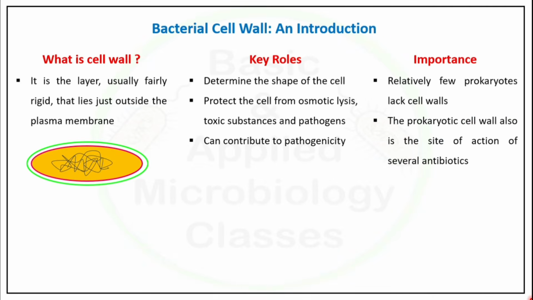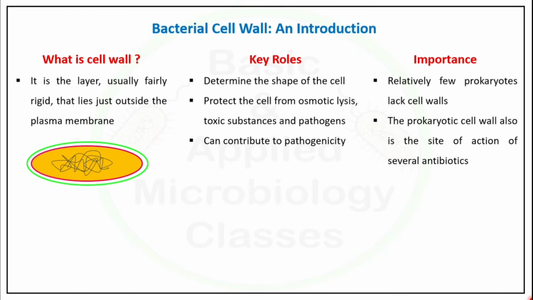The prokaryotic cell wall is also the site of action of several antibiotics. As you know, there are many pathogens, especially bacteria, which are known to cause severe diseases, serious illness. To overcome those diseases, we go for designing antimicrobial drugs, antibiotics or antibacterial drugs, right?